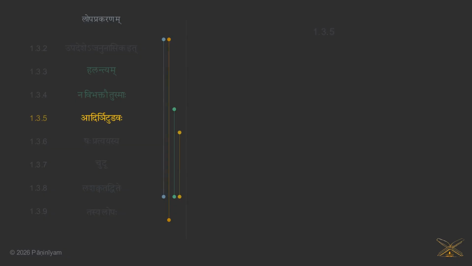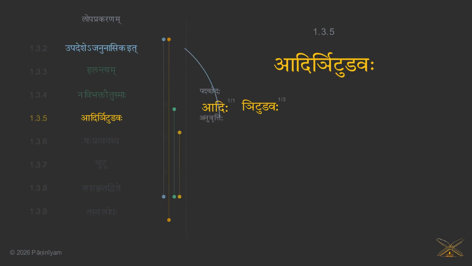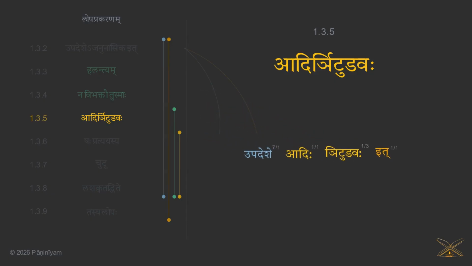Next sutra is Adir Nitudavah. The Antya part is concluded with the above 2 sutras. Now he is moving to the Adi. And the first condition he defined is if in this Upadesha anything begins with ni, tu, and du, then those get a name called it.